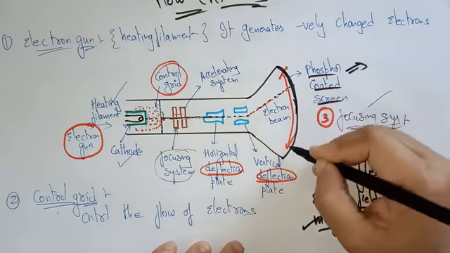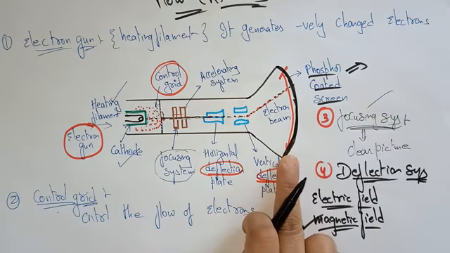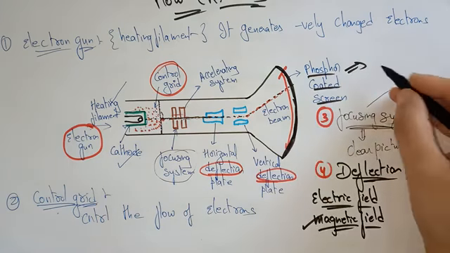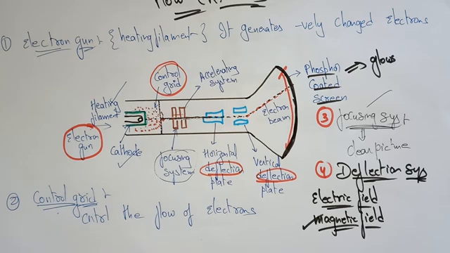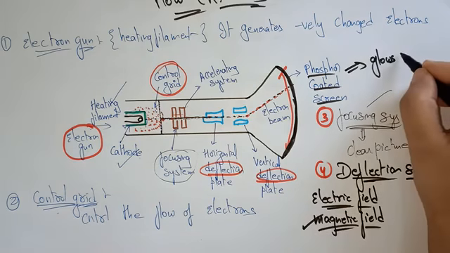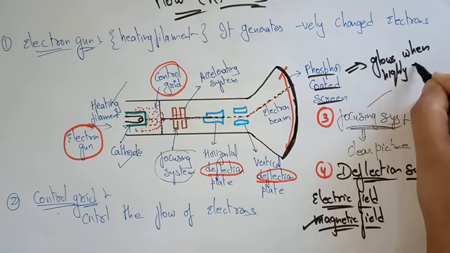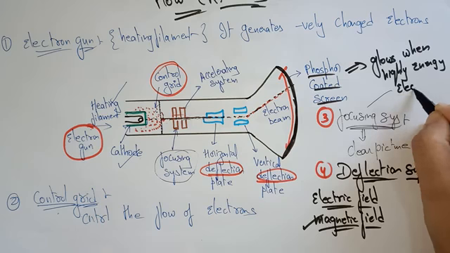So the inside of this screen is coated with phosphorus. What is the use of this phosphorus? The phosphorus glows when a highly energetic electron beam hits the screen.